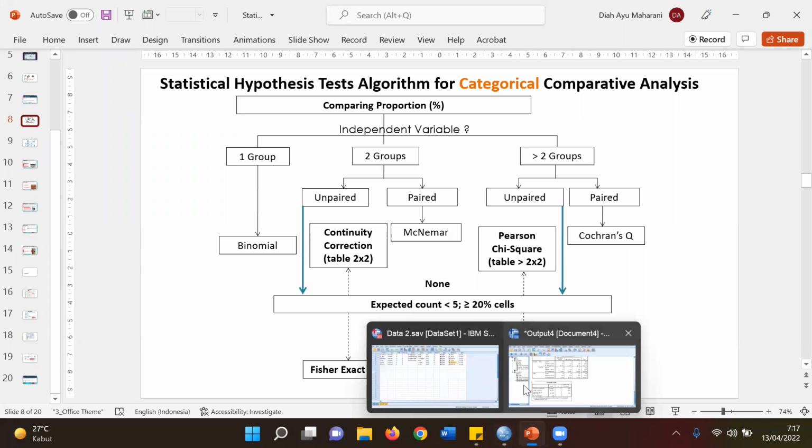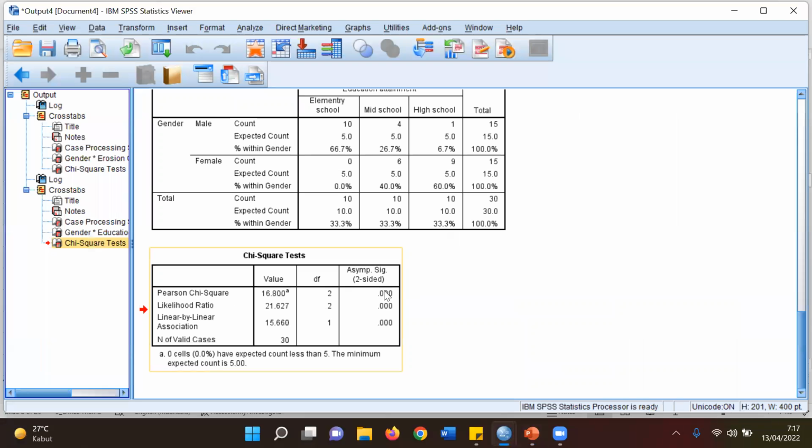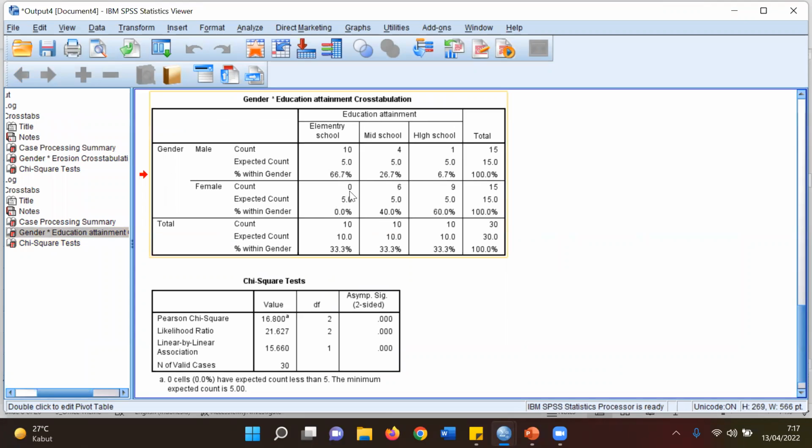Here, the Pearson significance, two-sided, is below 0.05, meaning that there is a difference between genders in terms of education attainment. Here you can see that the females are more in the high school, and then the males, if you look at 1, 4, 10, are more in the elementary school.